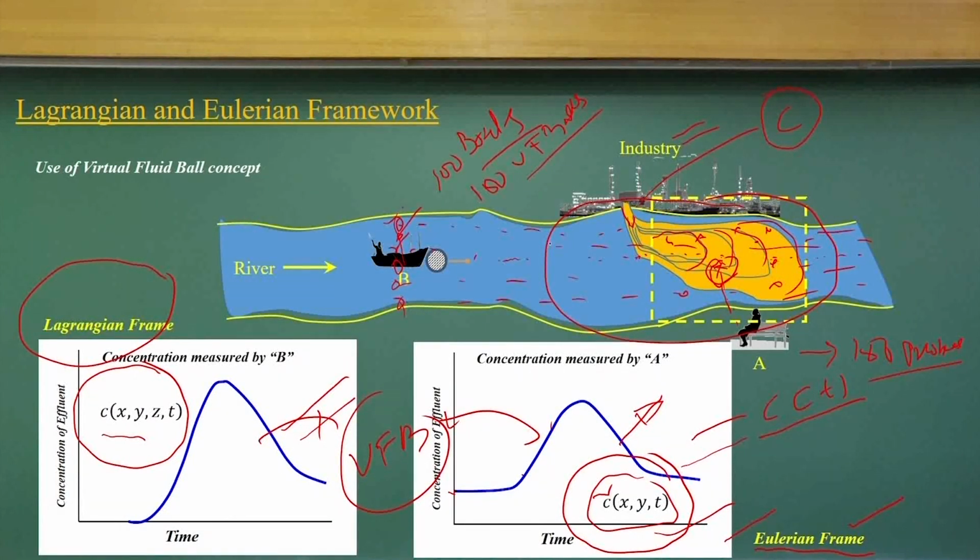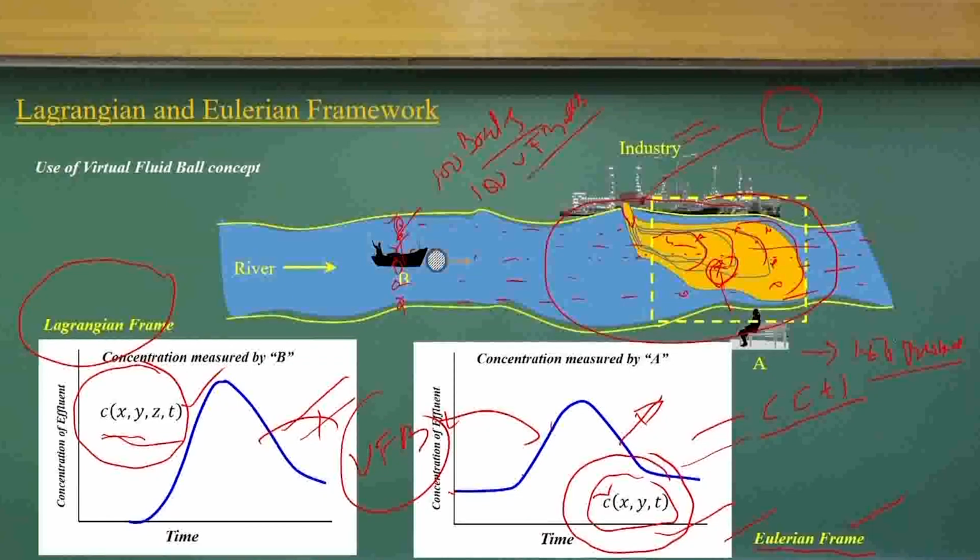As the balls move, for each ball we see how the concentration changes, and if I plot that, I will get the C variability in space and time. Or if I have 1000 probes in 1000 locations measuring the concentration, I will also get a C field. So, this is the field description, and this is the particle description.